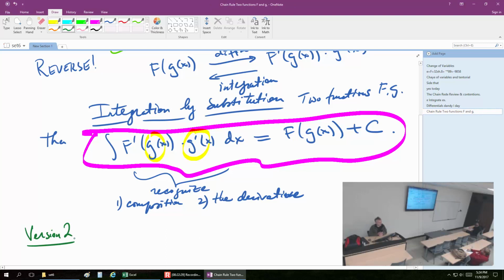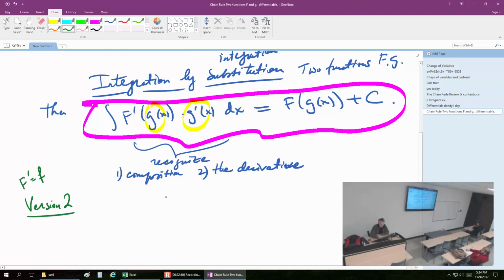Just replace f prime capital with f lowercase, so that we don't have to start thinking whether this function is a derivative or not. So this is what it looks like: integral f of g of x times g prime of x. That doesn't change, so it's still kind of complicated. And now the right hand side is the same.